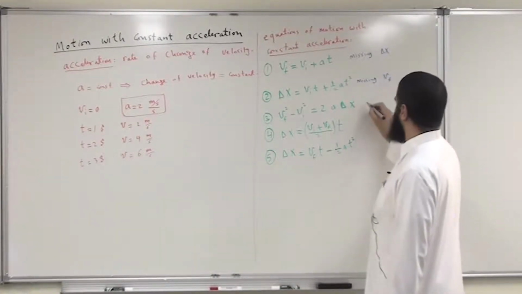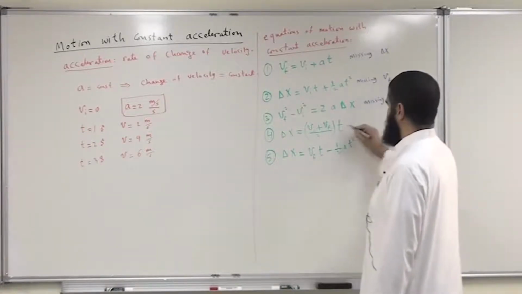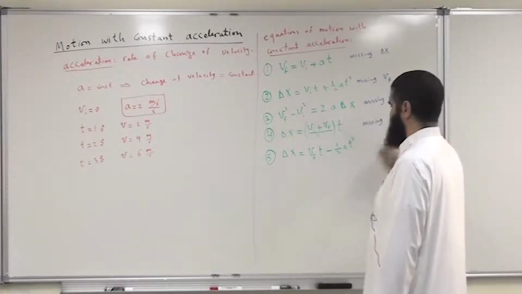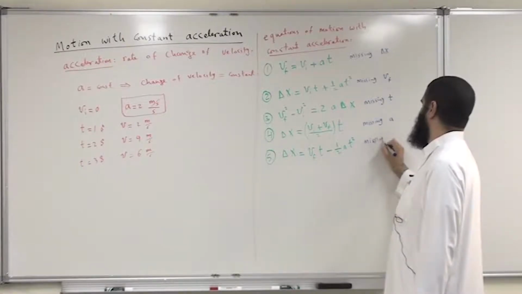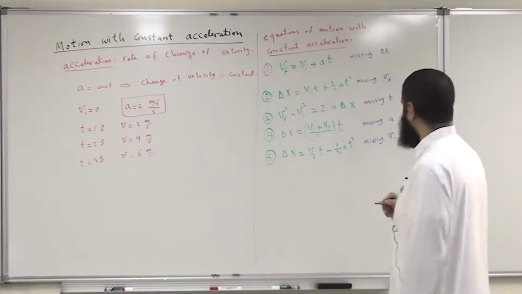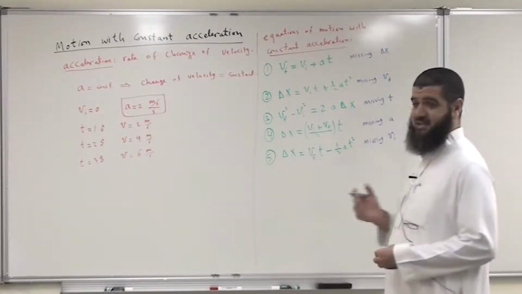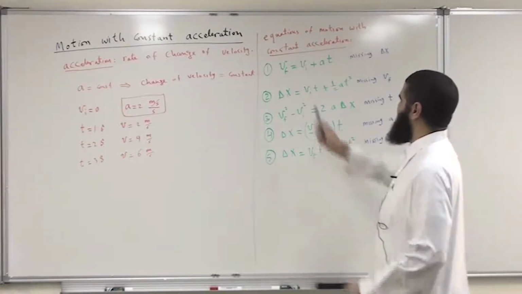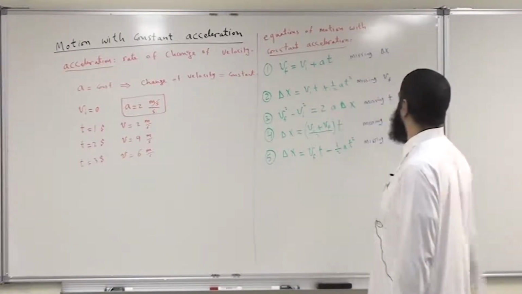In the third, what is missing is time. And here we miss the acceleration. And finally, we miss the initial velocity. So this is very important. We have 5 physical quantities. We have 5 equations. Each equation has 4 quantities and 1 is missing.